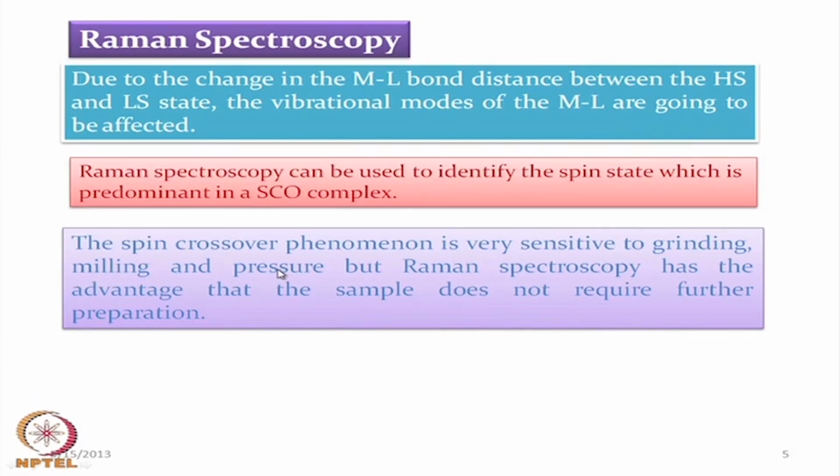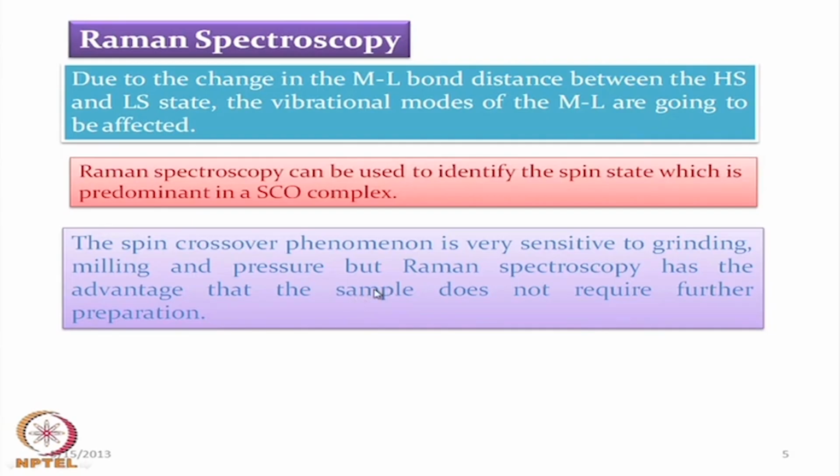During these processes, our compound might change from one spin state to the other, but the advantage of Raman spectroscopy is that such sample preparation, which we use for FTIR, is not required.